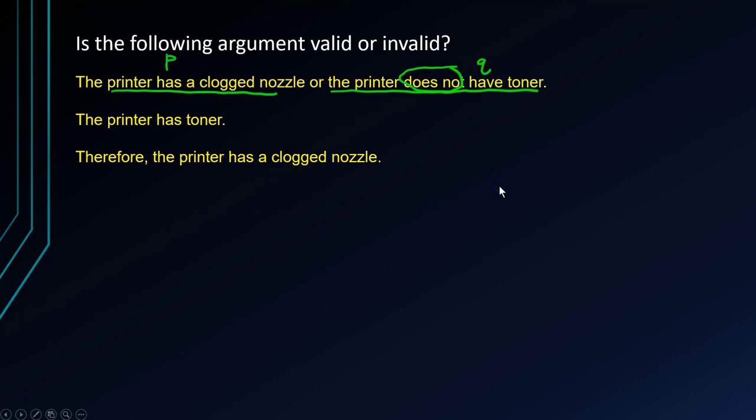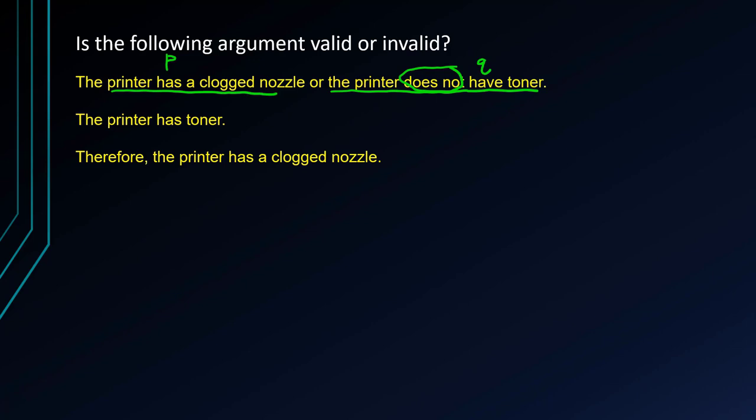So again, I'm going to look at P being the printer has a clogged nozzle. There's an or statement here. The printer does not have toner. Even though it says does not, I'm going to let Q represent that the printer does not have toner. And the reason why I want to do that is because I'm trying to make it fit one of these laws that you have listed.